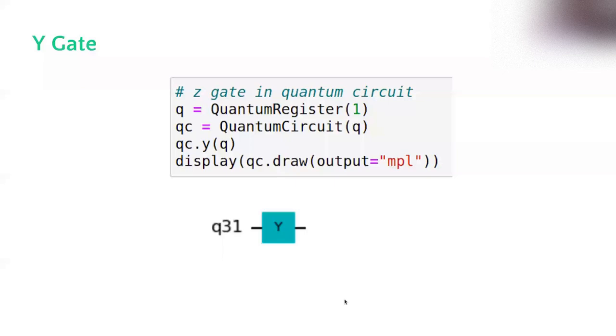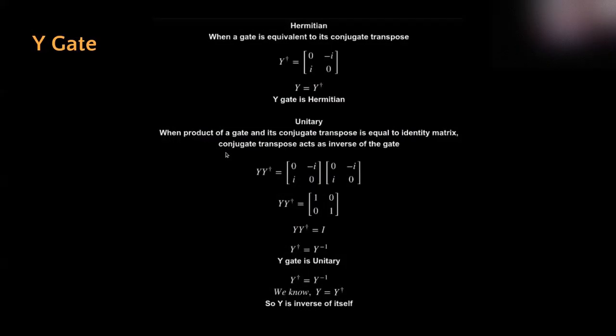So we can make the circuit of it using Qiskit the same way like we did earlier. And to apply the Y gate, we use the .y function and specify the qubit on which we have to apply it. Then we check if it's Hermitian. So for Hermitian, we take its conjugate transpose. Over here, we do have the negative part.